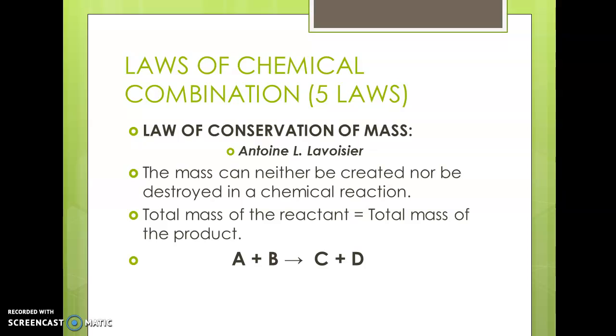Here, A and B are called the reactants, and C and D are called the products. So if the mass of the reactants A plus B totally gives 5 grams, C and D will also give totally 5 grams. So the total mass of the reactants is equal to the total mass of the products. This is the first law.